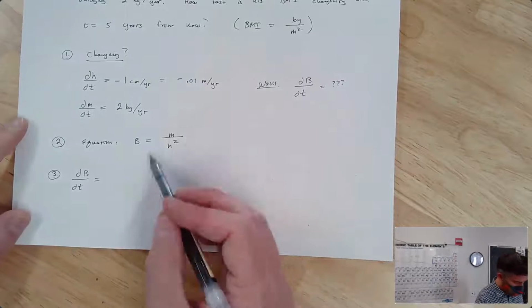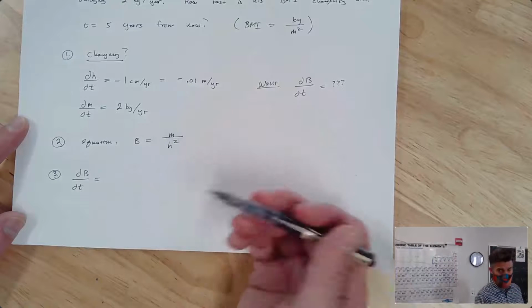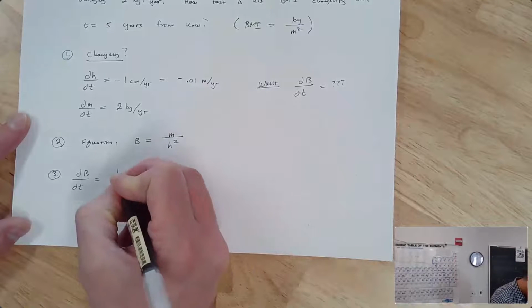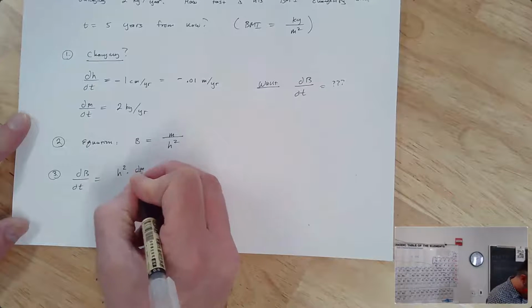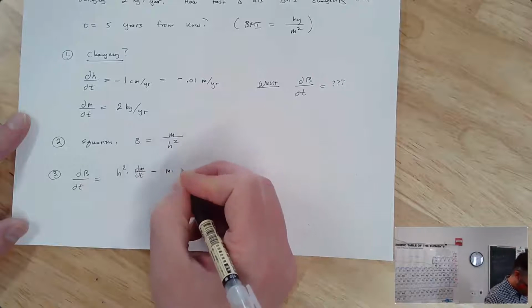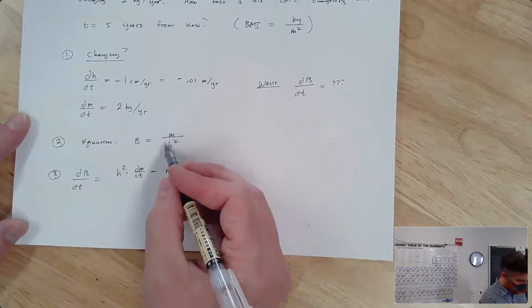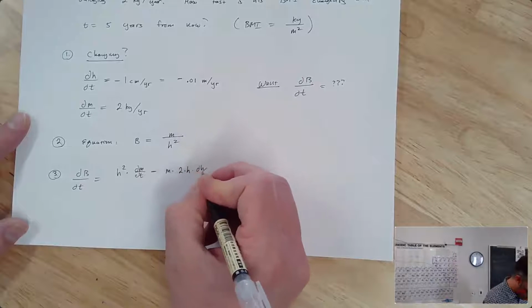If we differentiate this, we're going to have to use the quotient rule because both m and h are variables. So it's going to be the bottom times the derivative of the top minus the top times the derivative of the bottom. The derivative of h squared is going to be 2 times h times dh/dt.